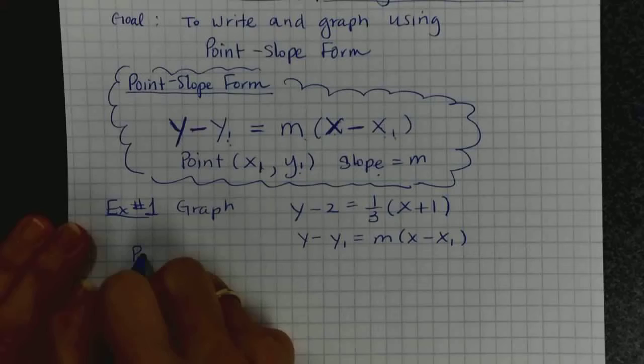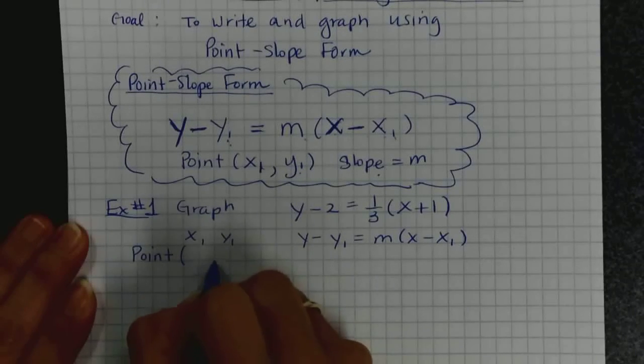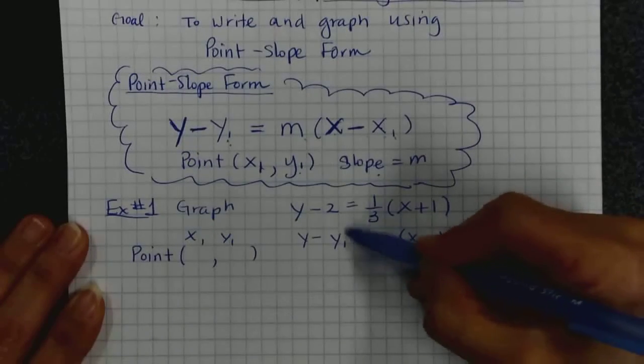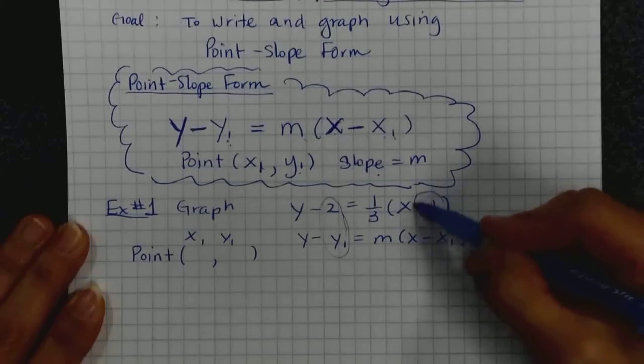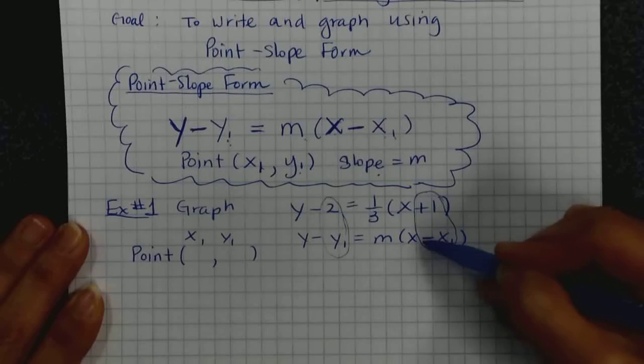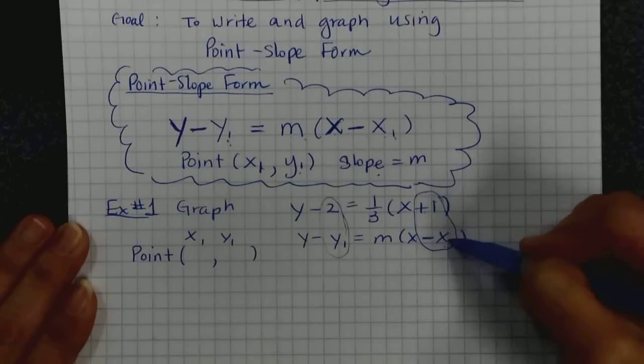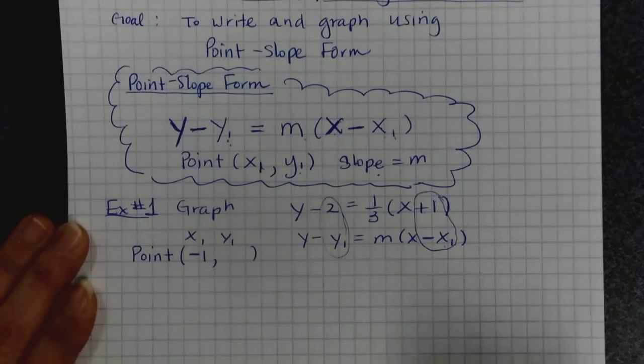So the point, which are x1 and y1. Here's my y1, and if you notice for the x, they're opposite in signs. The original formula has x minus x1, but to make it a positive one, plus 1, the x has to be negative 1.